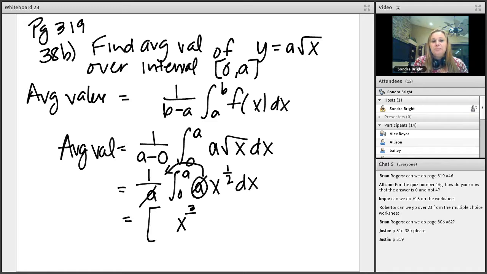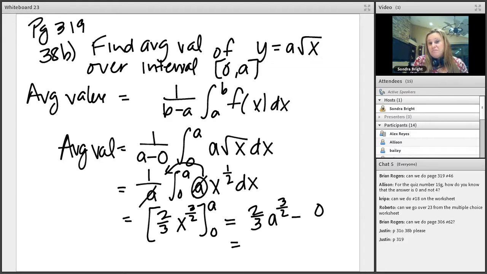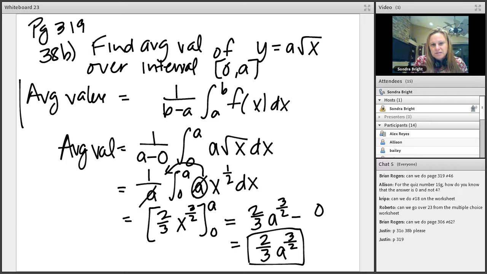So 1/2 plus 1 would give you a 3/2, but then you need to divide by 3/2, so 2/3, and you're evaluating that from 0 to a, which gives you 2/3 a to the 3/2 minus 0. And what did they say it was? Yeah, so then that's 2/3 a to the 3/2.